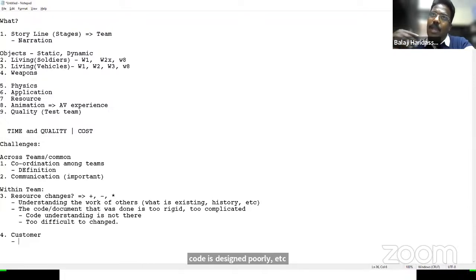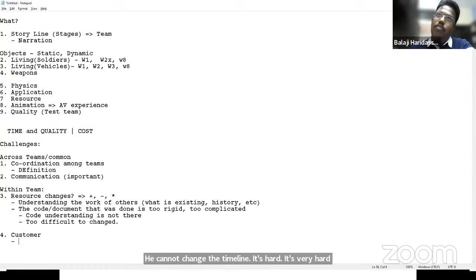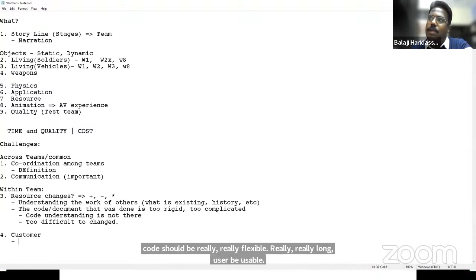And the customer may have a very hard deadline. For example, he may want to release a new product for Deepavali or for Christmas. He cannot change the timeline. It's very hard. If he misses that, he may lose business. So we need to achieve by the timeline, which means your code should be really flexible, really usable, reusable. Without that, we cannot achieve all this.